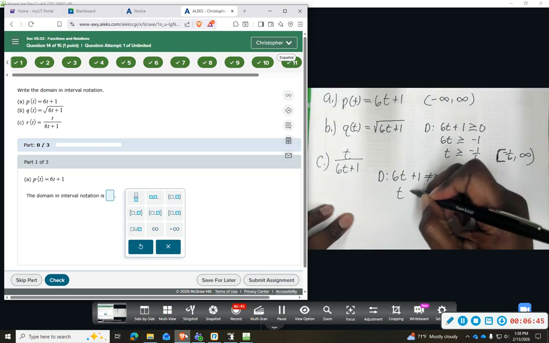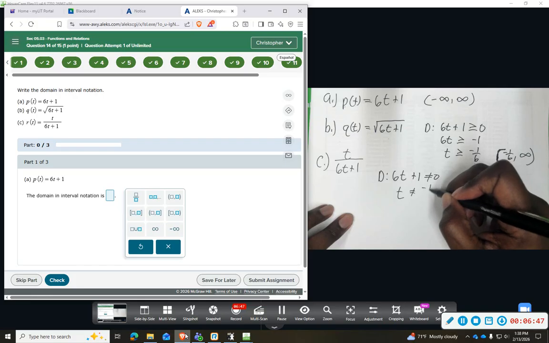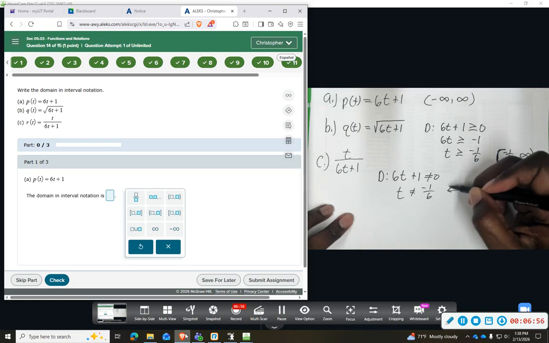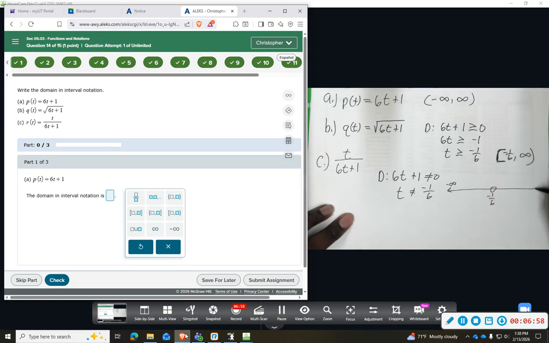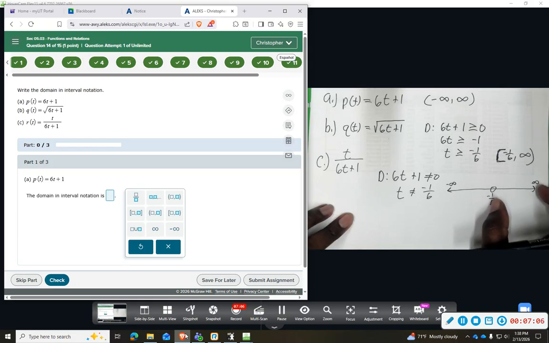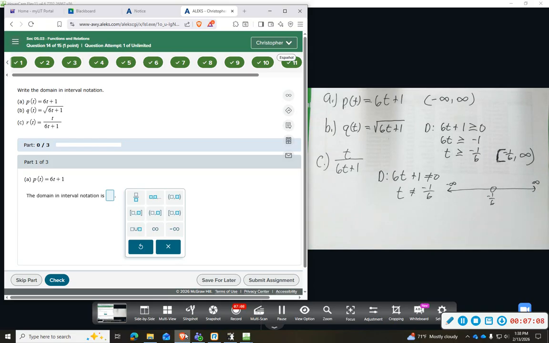We'll get that t cannot equal negative 1 over 6. Okay, so again, that's like 1 point being removed. And in interval notation, we have 2 sections. Okay, so I got the left half, negative infinity to negative 1/6, and the right half, negative 1/6 to positive infinity.